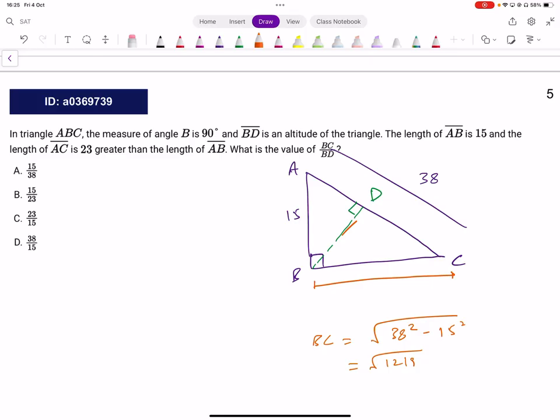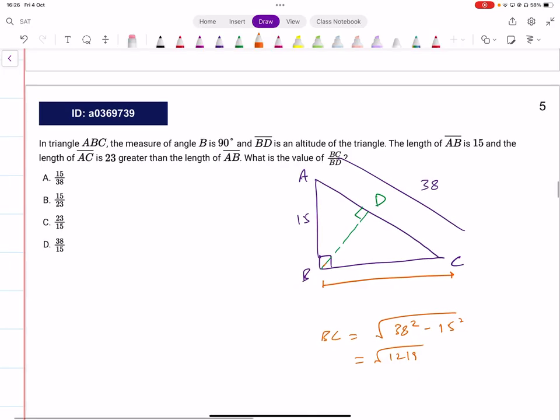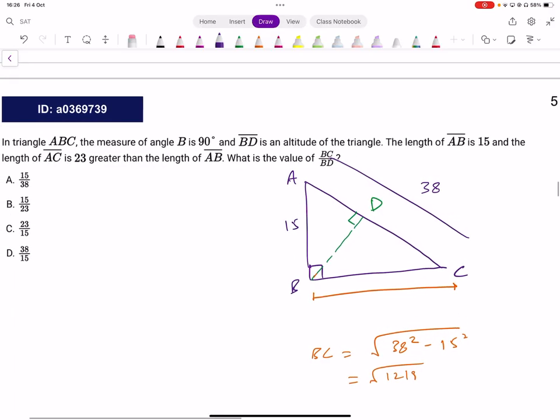Okay. Now, what about BD? Can we find BD now? Okay, so one way that I can think of is using the area of the triangle.